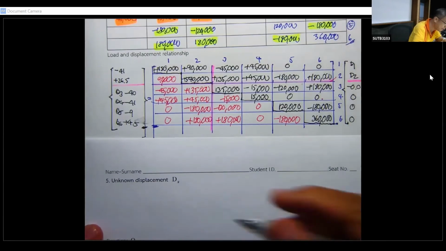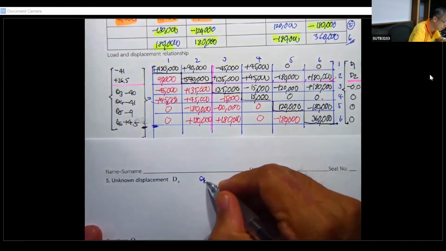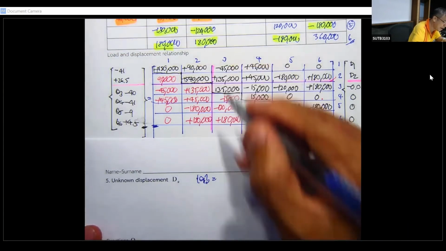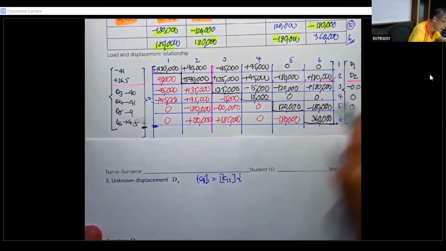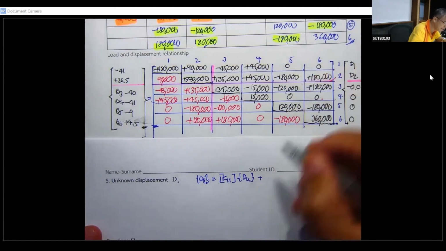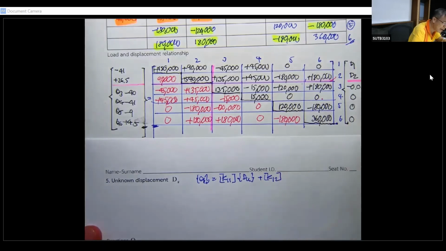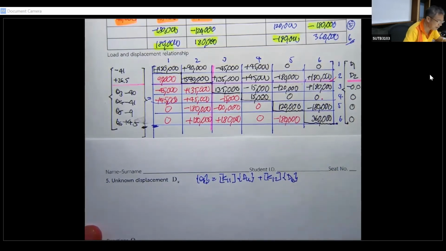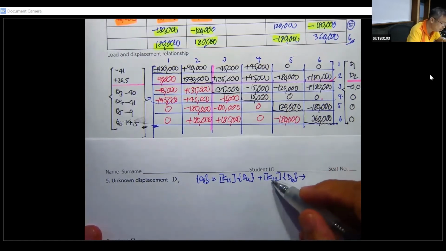You may have this one is Q sub K, and then this is going to be your K11, times this one D sub U, plus this one is K12, and then times this one to be D sub K. And based on this, I'm going to move this one.